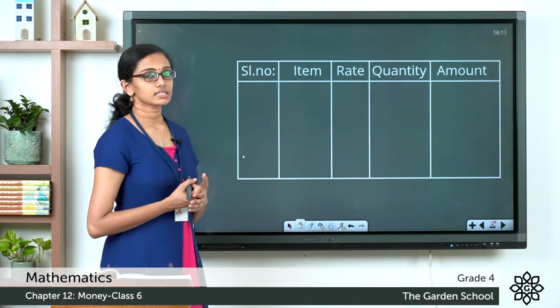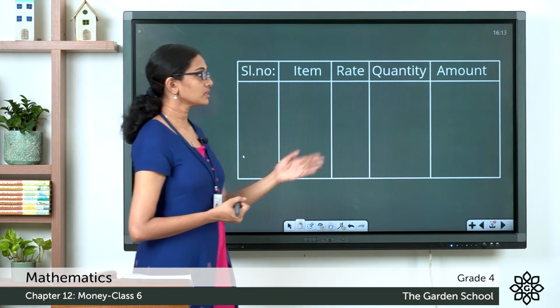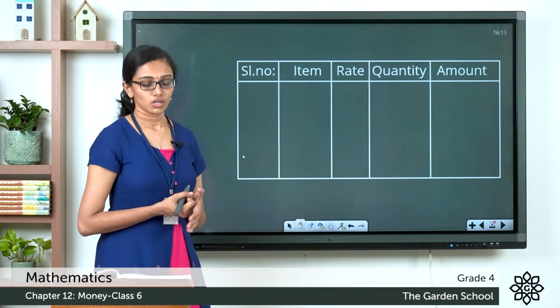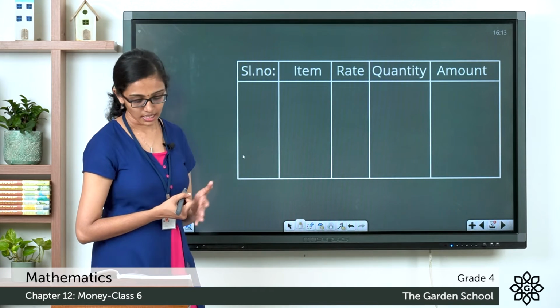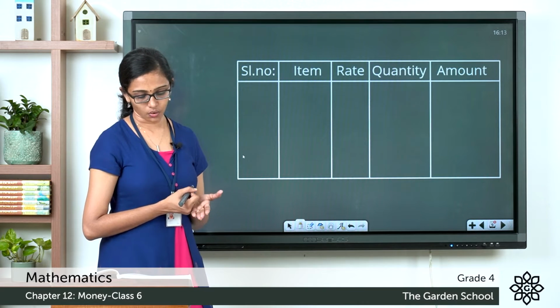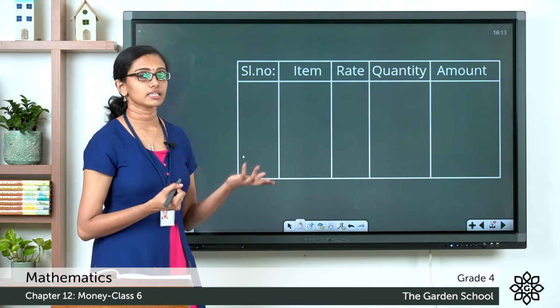Here we'll have the serial number, the name of the item, the rate per item, the quantity and the amount for each of the items. So the first item is pastry, and each pastry costs 62 rupee 50 paise. How do we tabulate this in this table?